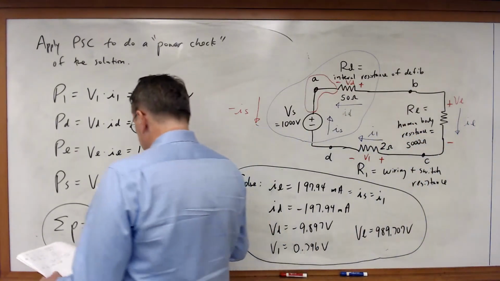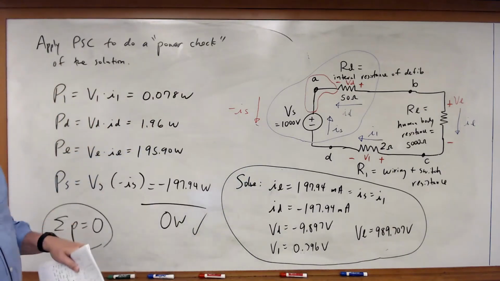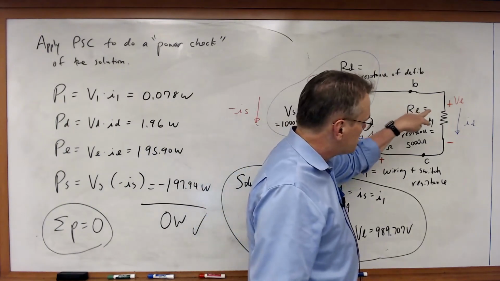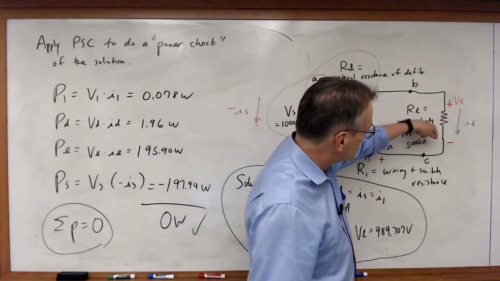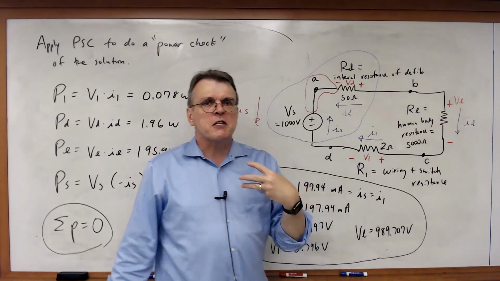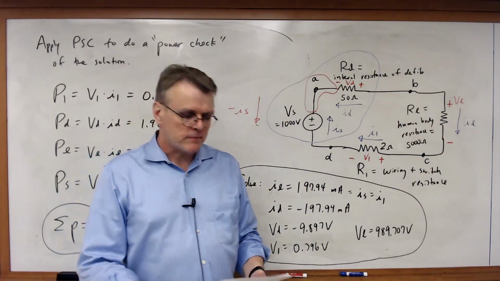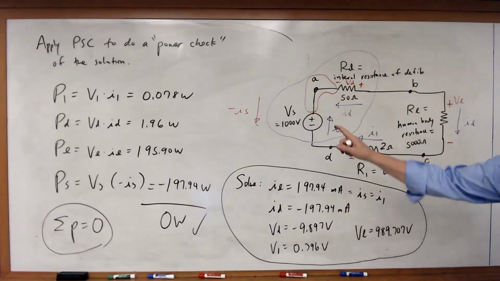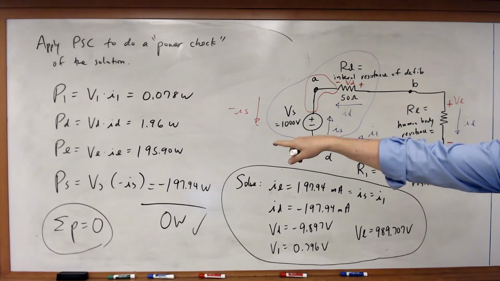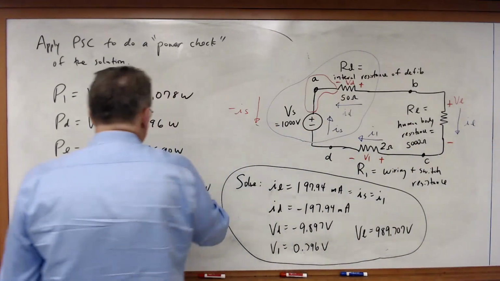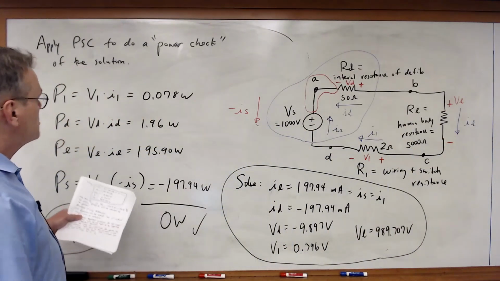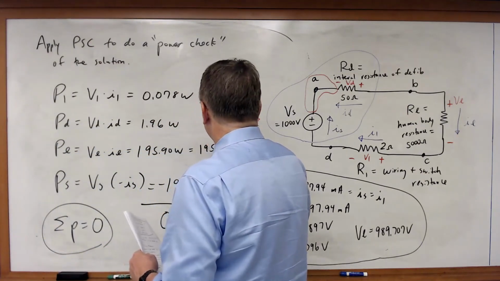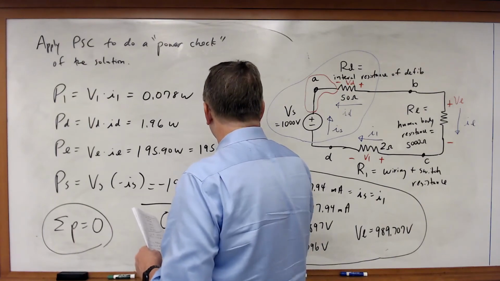Now, one last thing I want to say about this before we leave this example behind. Remember, this was a defibrillator which was being used to zap a patient. And as we said before, this RL resistor is the resistance of the patient's body and heart. Now notice, the power of that resistor, PL, is 195.9 watts, which means that this is 195.90 joules per second.